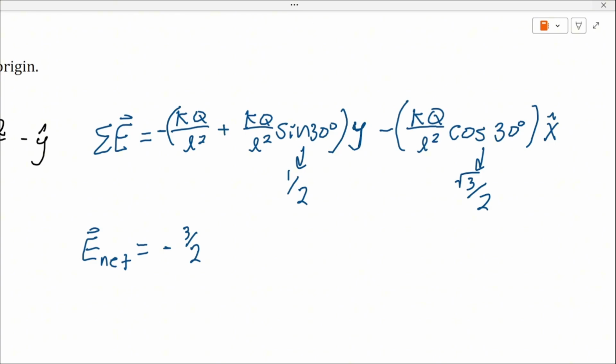Negative 3/2 kq over L squared y hat minus root 3 over 2 kq over L squared in the x direction.